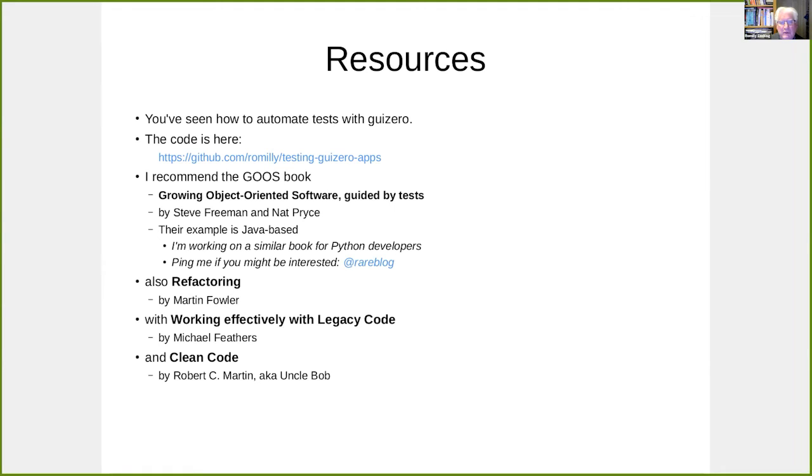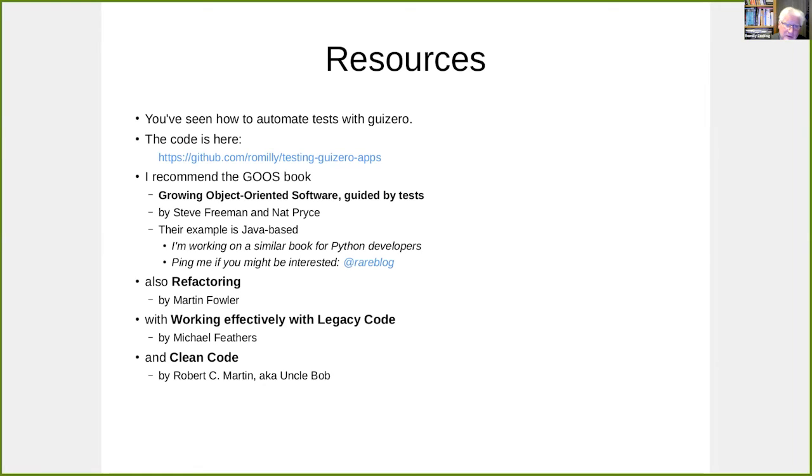The only problem with it is that the book assumes that you're coding in Java, and relatively few of us are developing in Java on the Raspberry Pi. So one of the things I'm working on at the moment is looking at doing effectively a port of that book into Python, so that if you want to do Python test-driven development, you'll be able to work through some real case studies, just as the original worked.